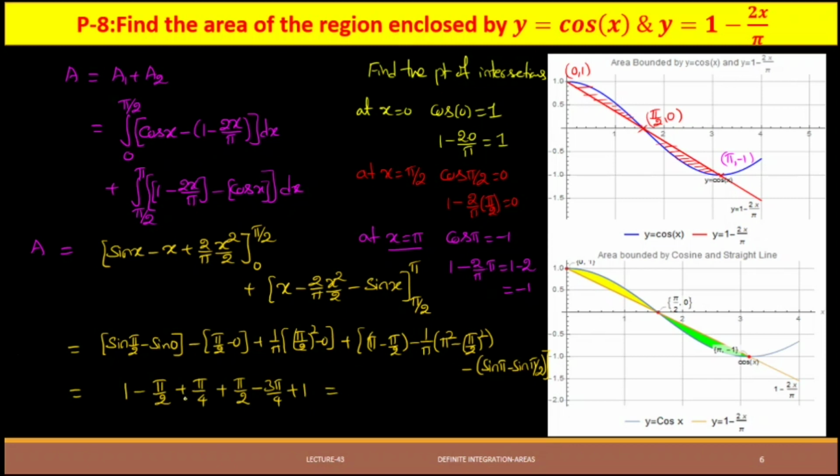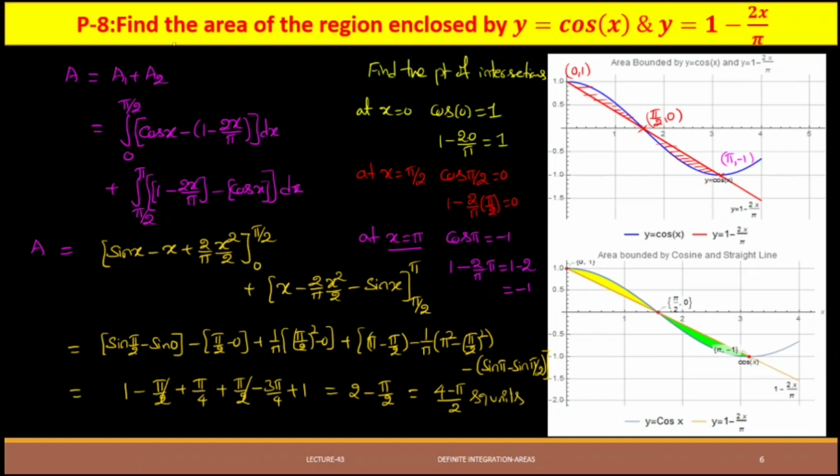So this minus pi by 2 and plus pi by 2 gets cancelled, and this is 2 minus pi by 2. So this is equal to 4 minus pi by 2 square units.